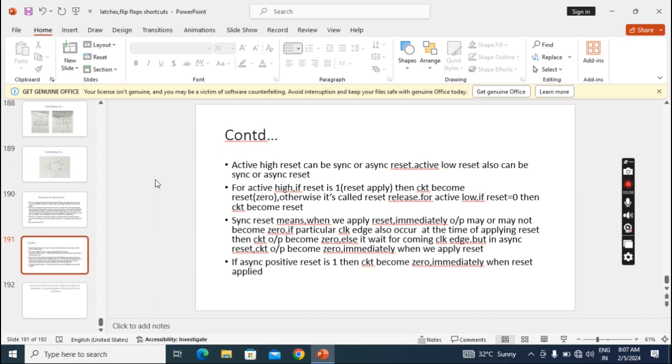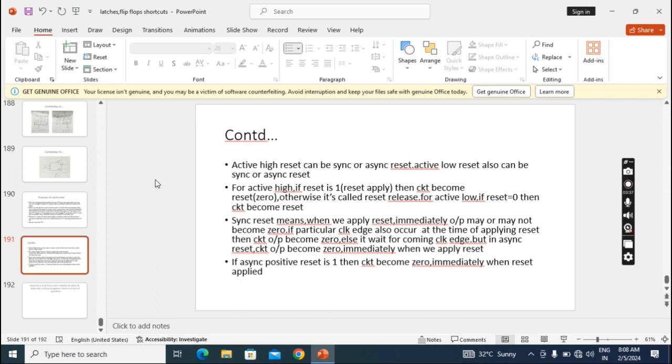And synchronous reset means, suppose when we apply reset, if it is a synchronous reset, at the time of applying reset, if there is a particular clock edge occurring, then the circuit becomes 0 or reset at the same time. But if at that time the particular clock edge is not occurring, then it will wait for the coming clock edge.